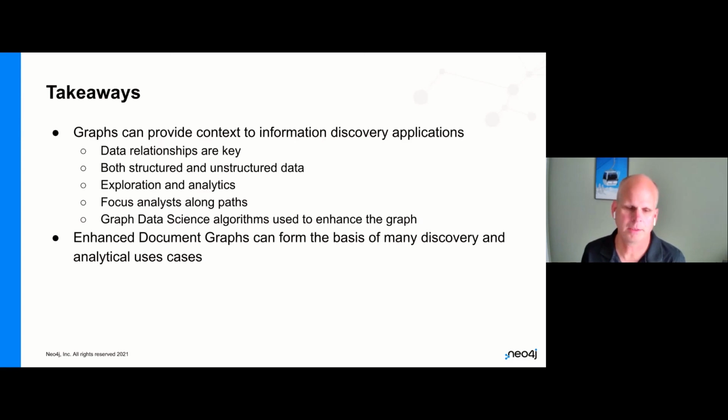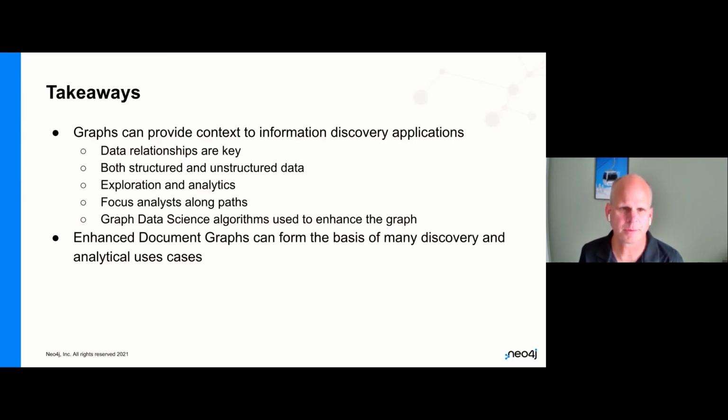So the key takeaways here are that data relationships are key. So many customers are now realizing that they really have relationships between different pieces of data. They've got both structured and unstructured data. Other types of data stores or search engines or databases can't really represent the problem in context as well as a graph database can.